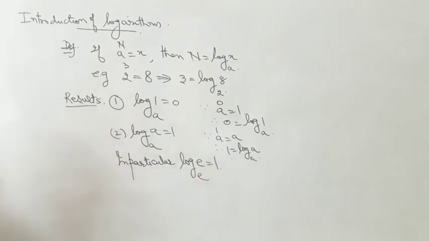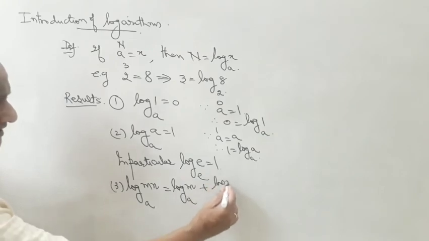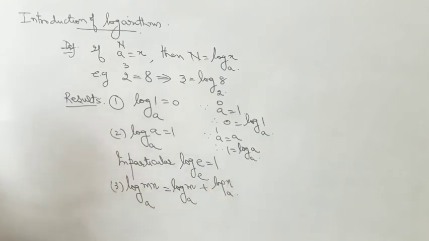Check out. And now we have some properties. Third, log of mn to the base a is log of m to the base a plus log of n to the base a. The product rule.